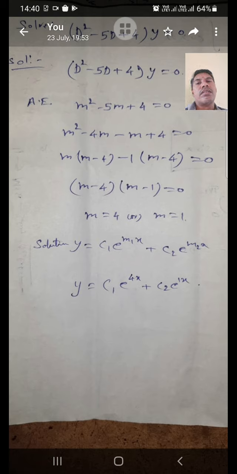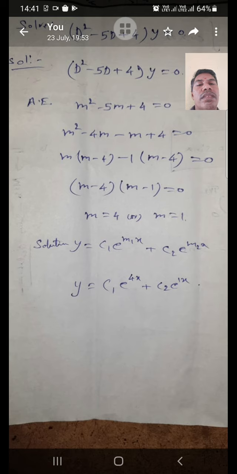Look here, the question is given: solve (D square minus 5D plus 4) of y equals 0. The given question is already in symbolic form, so we have to write the auxiliary equation, that is, AE.